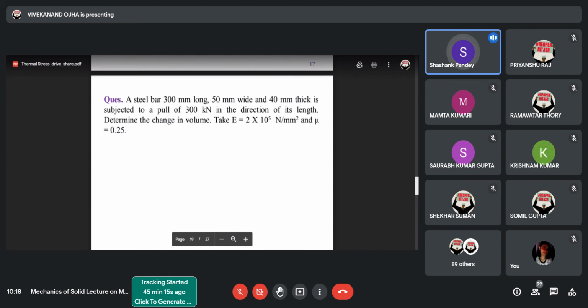So we have to determine the change in volume. The value of Young's modulus is 2 into 10 raised to power 5, and mu is given as 0.25. So determine the change in volume. Please work out this question on slide number 18.